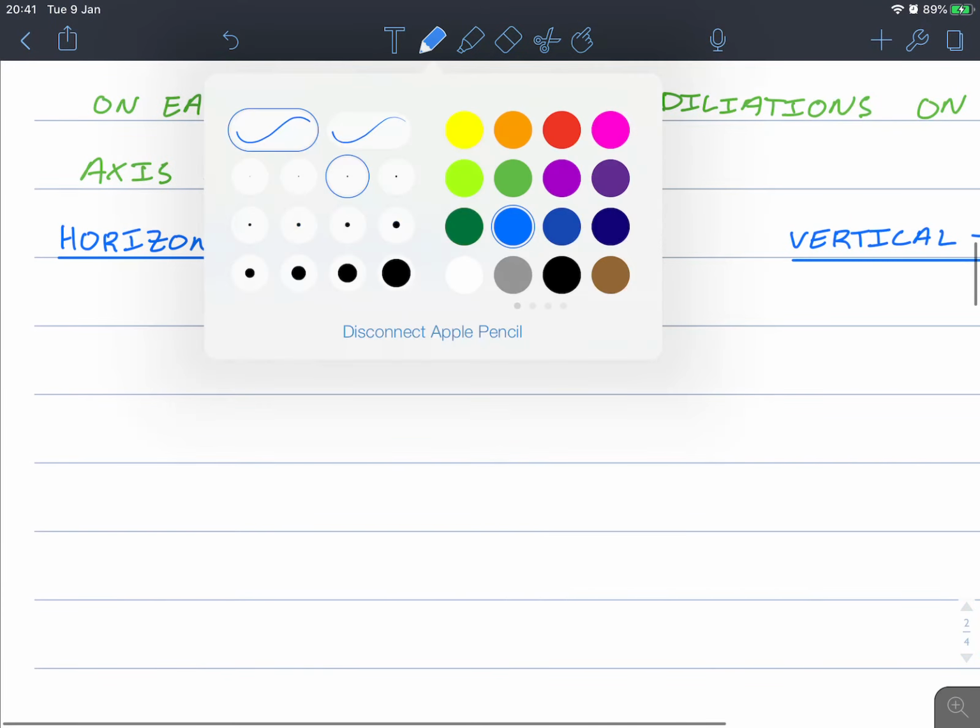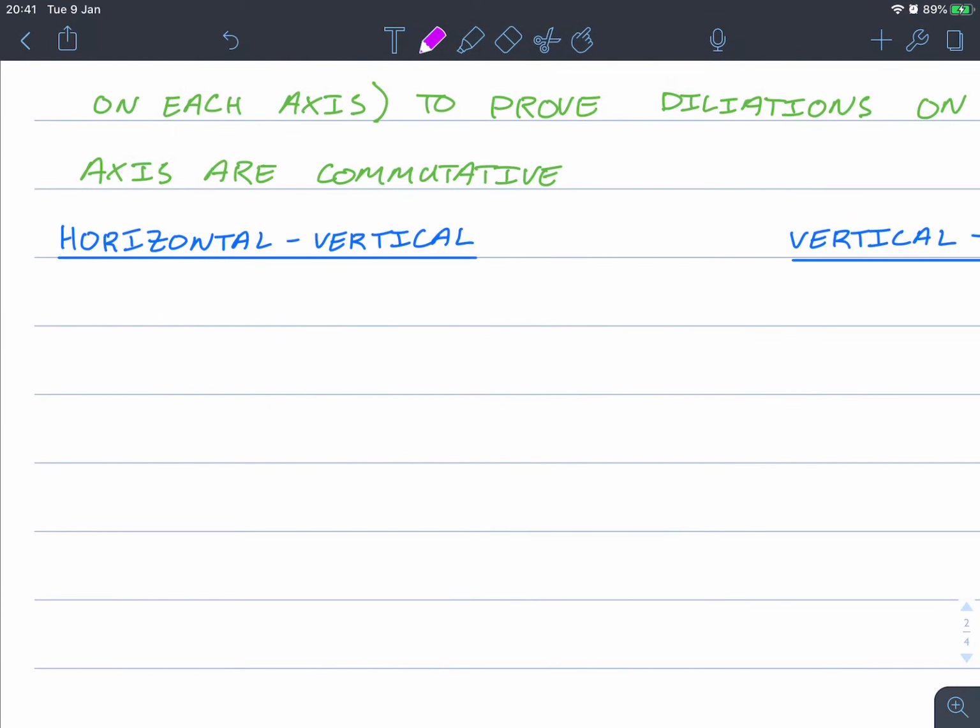Just so long as we remember, for a horizontal dilation, we replace x with x over h, meaning a factor of h. And for a vertical dilation, we replace y with y over k.